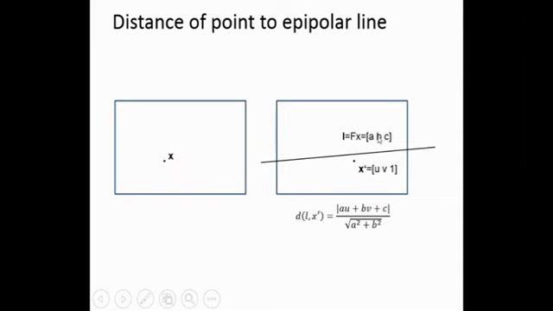Then you have to normalize this so that a and b have a norm of 1, so you divide by the square root of a squared plus b squared. Now the distance of a point to this line will be the dot product of (u, v, 1) with (a, b, c). So this is the distance of some point x prime to this line. If you just look at x prime transpose Fx, then it'll be misleading, and you'll not be able to correctly find inliers.